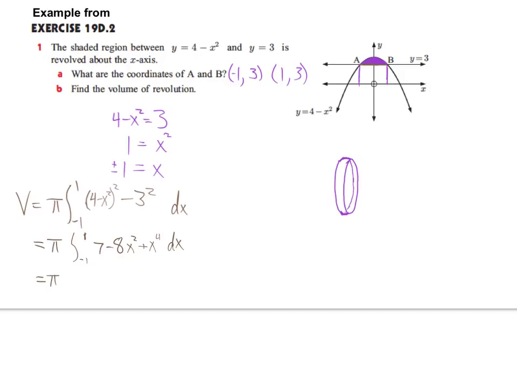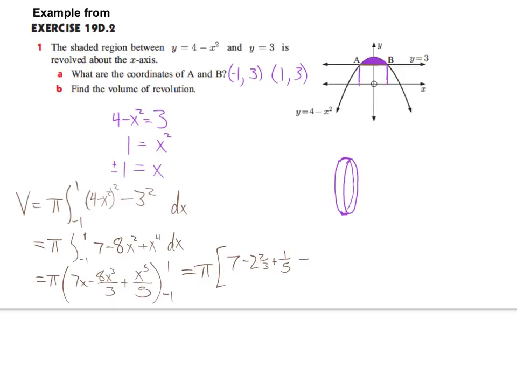So that's pi times 7x minus 8x cubed over 3 plus x to the 5th over 5, evaluated from -1 to 1. Evaluated at 1, it's 7 minus 2 2/3 plus 1/5.